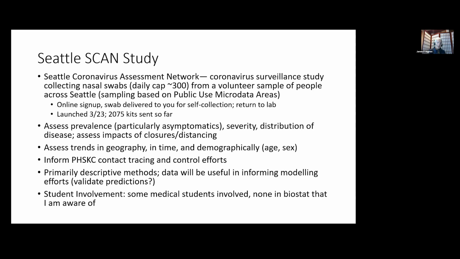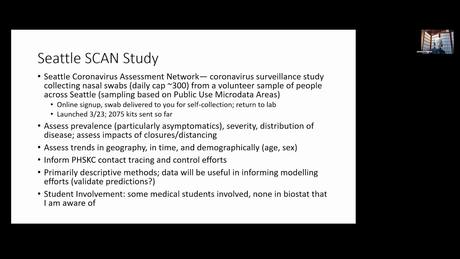Eventually, the hope is that these data can be used to assess the impacts of closure and distancing measures that have been going on, so we can assess trends over time as well as in geography, rather than by looking at only symptomatic people.